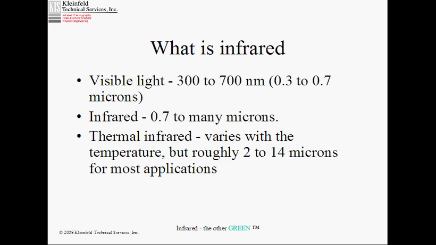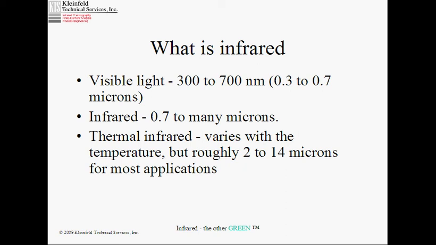Infrared is light just beyond the red in the visible region. Visible light is 300 to 700 nanometers, or 0.3 to 0.7 microns, or micrometers. A micron is 10 to the minus 6 meters. Infrared goes from that 0.7 out to many microns, depending on where your level of interest is.